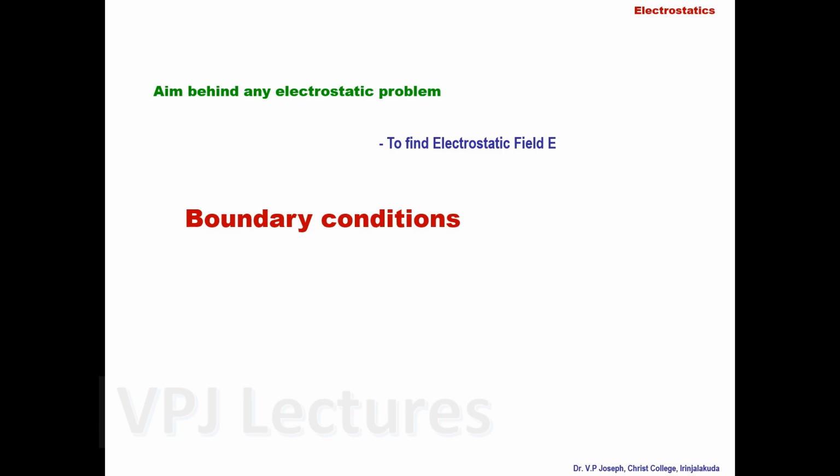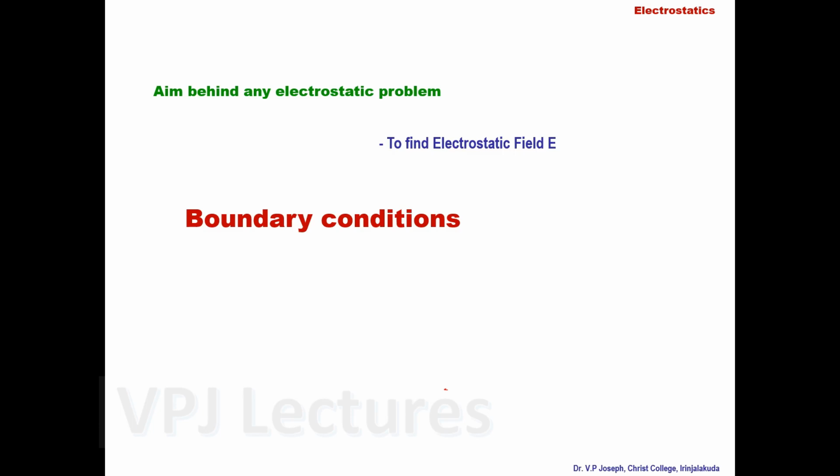So the calculations in that case are based on such disturbance regions, called boundaries. These boundaries decide what modifications are to be applied to the incoming electric field. So these are called boundary conditions.